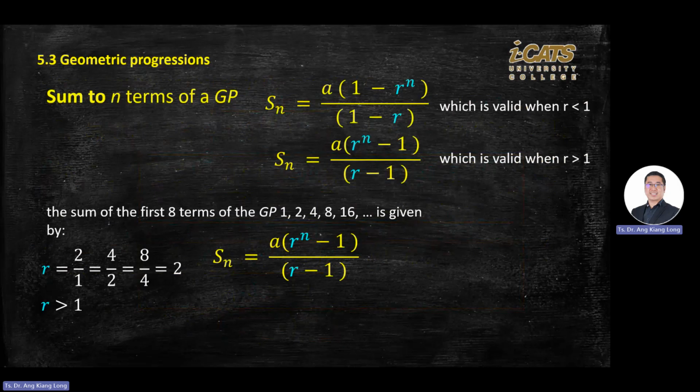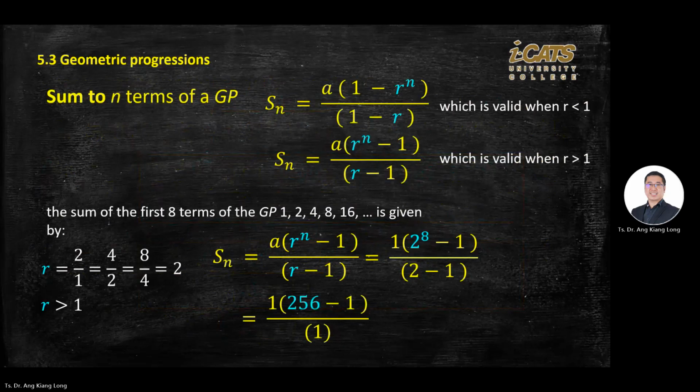What is the n here? If the question asks you to find the first 8, first 8 means n equals 8. So you substitute the values and press the calculator. For this chapter, for GP, if the question asks you for the sum, you always get a positive value.